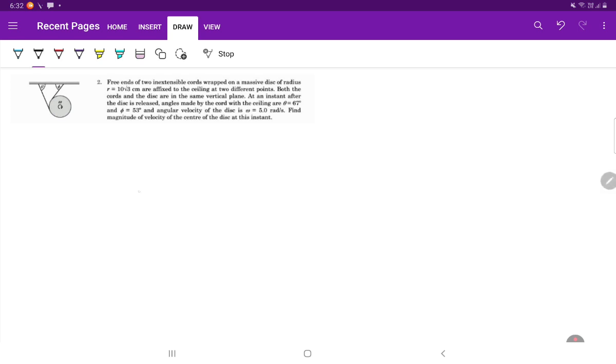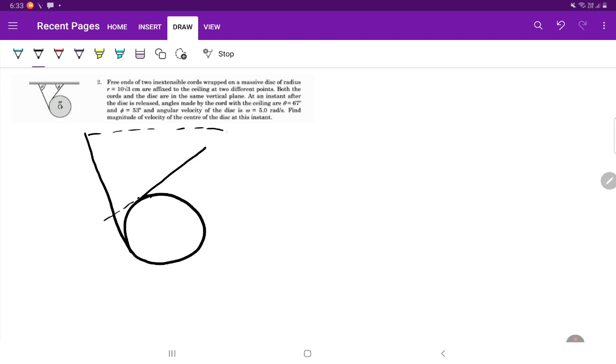Now in this case they have already given omega, but just a little bit of geometry is required. Consider this triangle. This is phi, this is theta. Now what is this angle? This is phi plus theta. Okay.